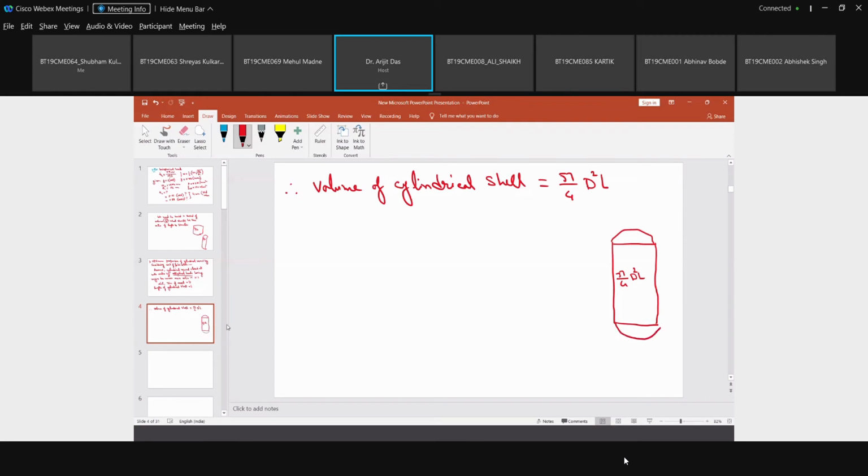Now again, volume of elliptical head. Now what is the volume of elliptical head? So this is the volume. Am I correct? If you see the calculation, it will be pi by 24 into D cube.